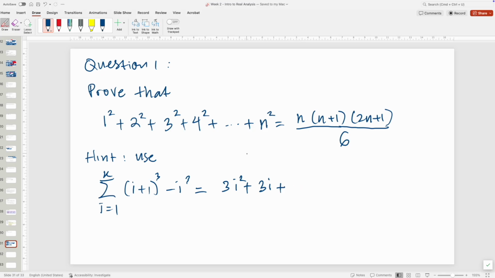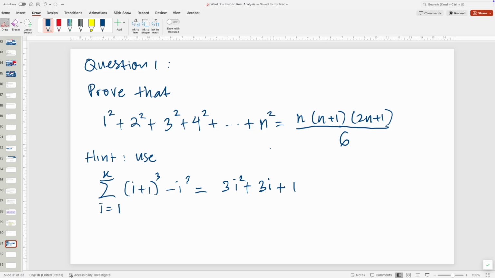Prove that the sum of 1 square plus 2 square plus 3 square plus 4 square and so on until n square is equal to n times n plus 1 times 2n plus 1 over 6. Okay, this is the equation.